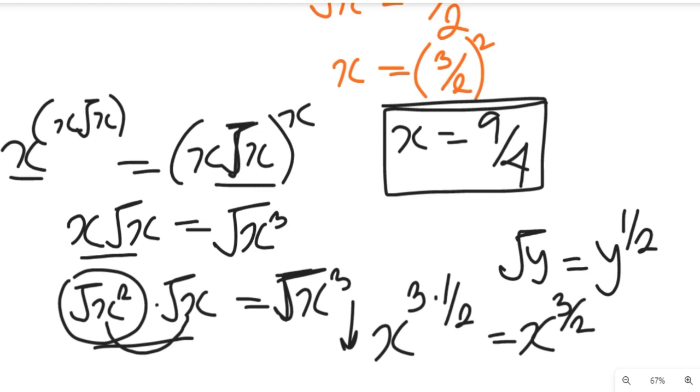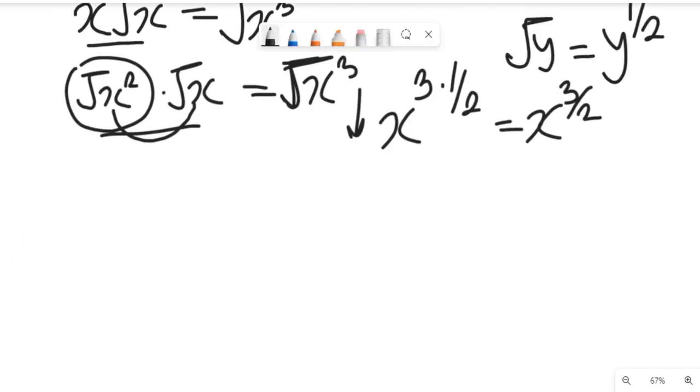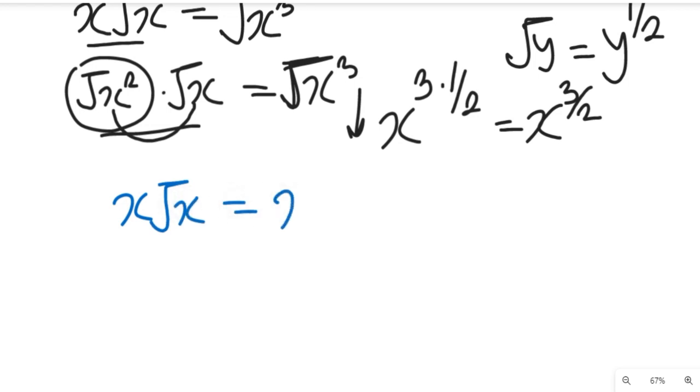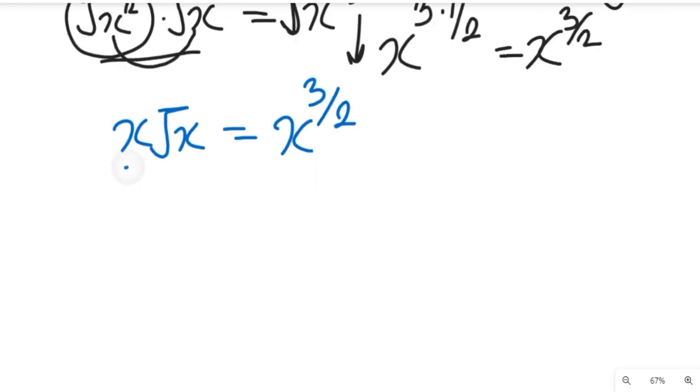So why did we do this? We did this so that from that expression, we can simply now say that our x root of x is still equal to x to the power of 3 divided by 2. So that means wherever we find that expression, x root of x, we will simply replace it with x to the power of 3 divided by 2.